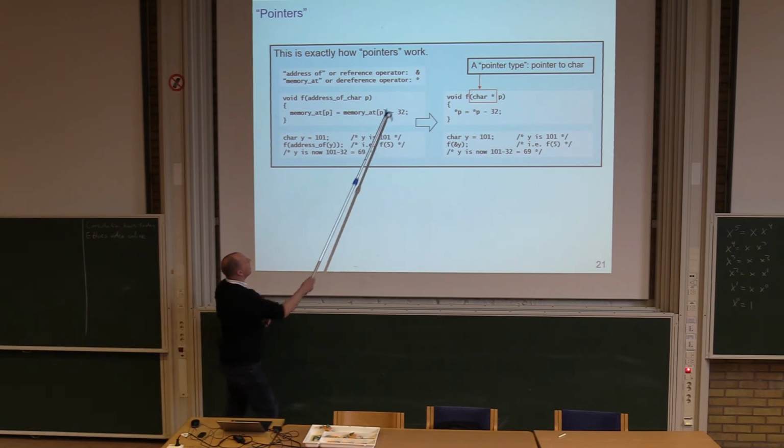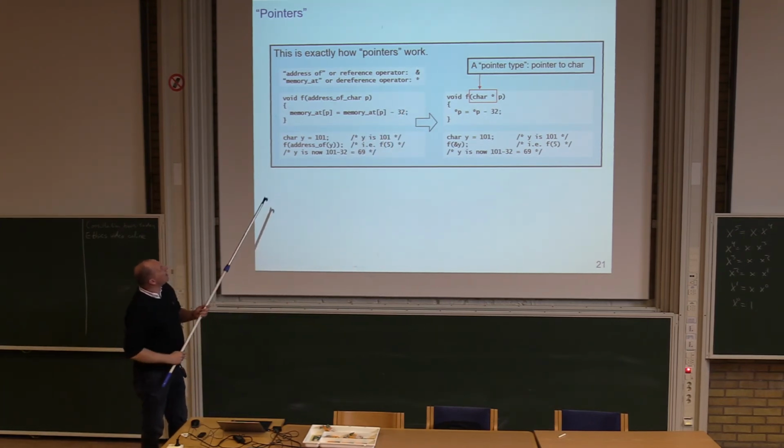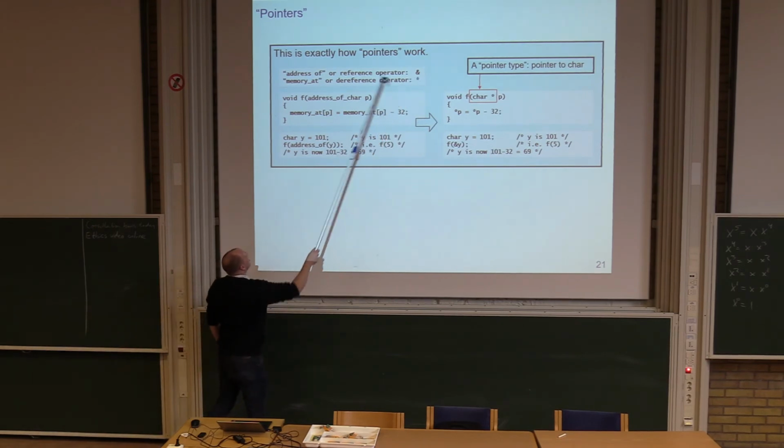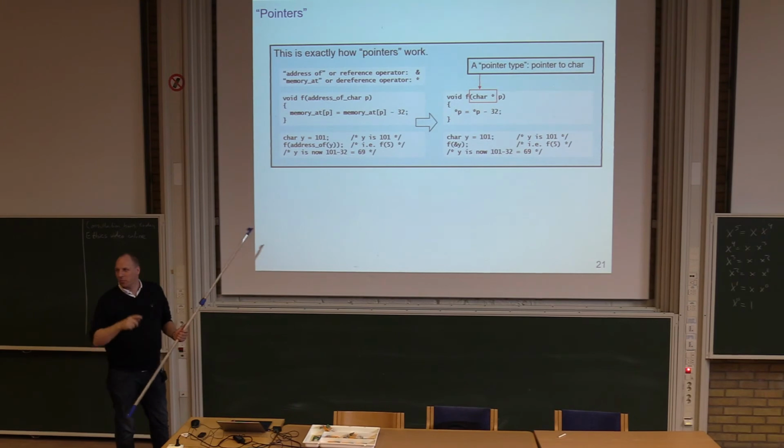Last time we talked about the ampersand and this star. Basically the ampersand means what we wrote here, address of. If we put the ampersand before a variable, then we will get the address to that variable.